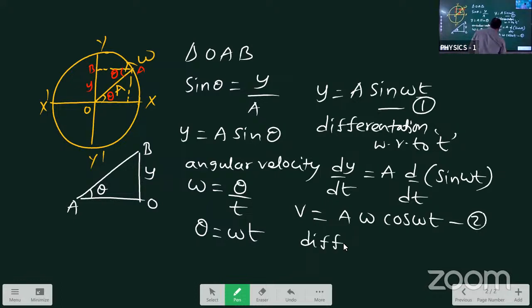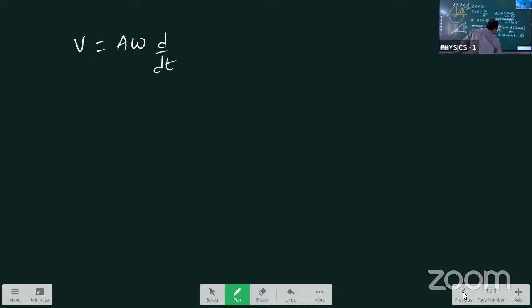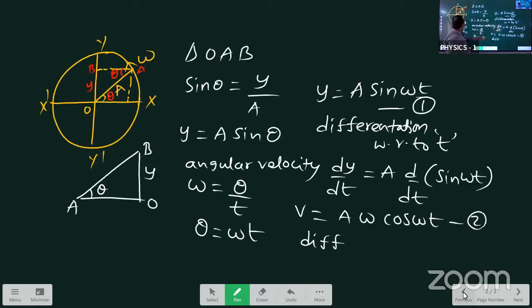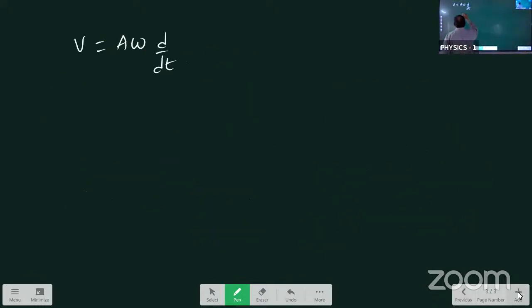The next step: A omega d by dt of the previous step only. V on the left side gives dv by dt. A omega, A constant, omega constant, bracket cos omega t. So this is dv by dt, A omega constant, cos omega t.